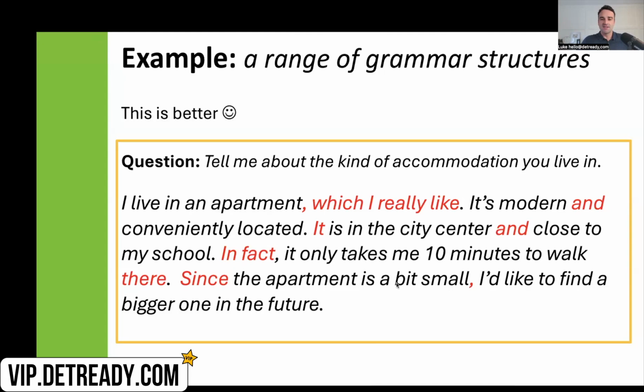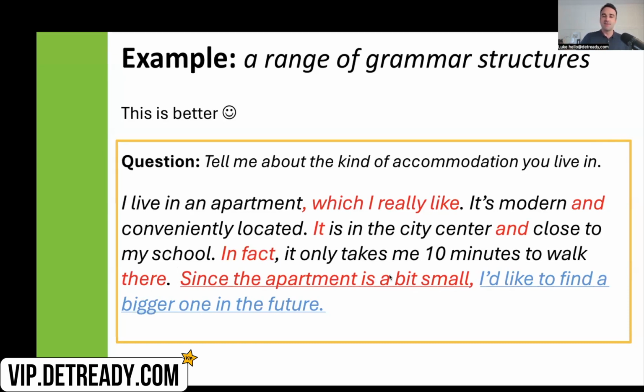And the last sentence actually is a complex sentence because it has two ideas, two parts linked together. So: since the apartment is a bit small, I'd like to find a bigger one in the future. You have two parts. I'd like to find a bigger one in the future is the independent clause. This is the clause which can be a sentence by itself.